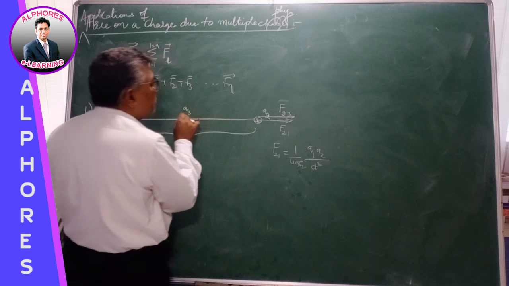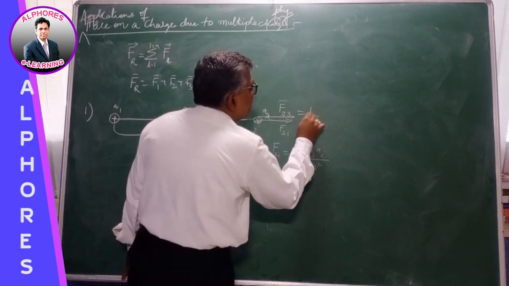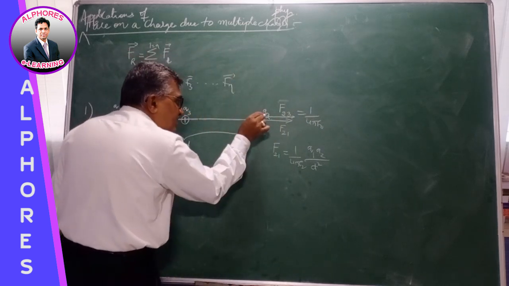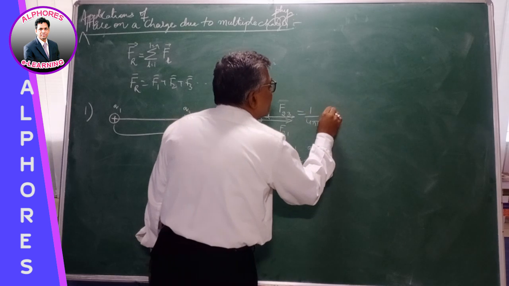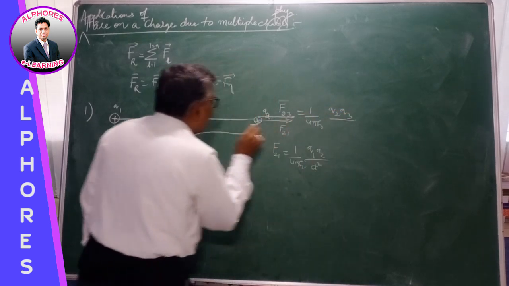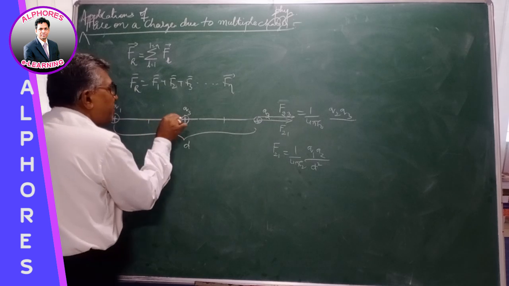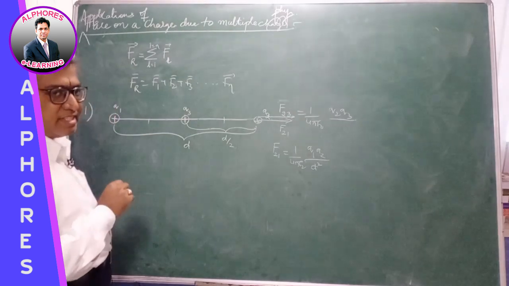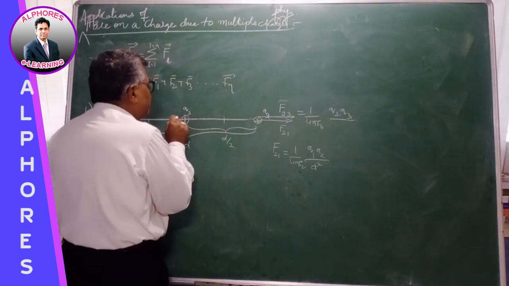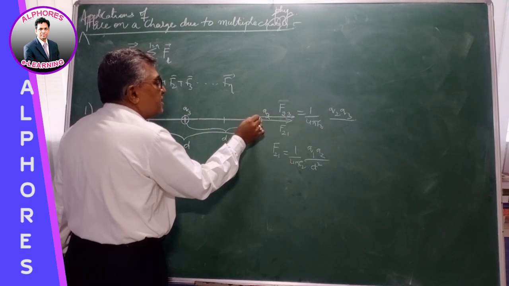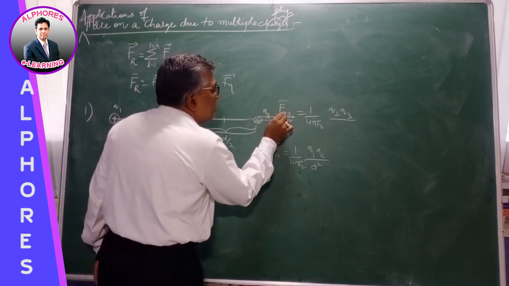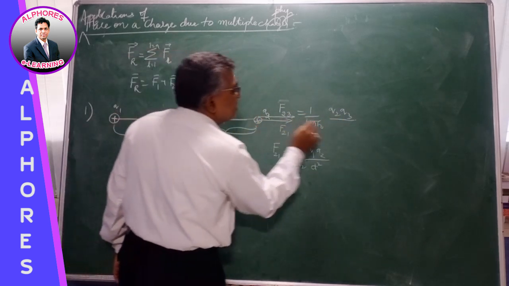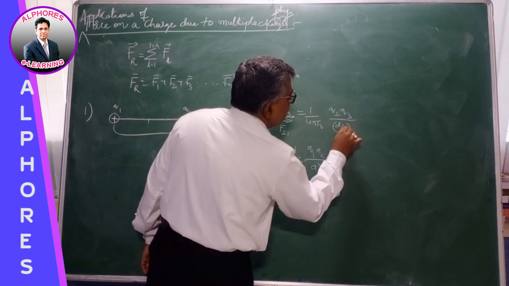This is equal to 1 by 4 pi epsilon naught Q2 Q3 by the square of the distance between them. I said I am placing it at the midpoint, so this distance is d by 2, half the distance. So the force on the second due to the third charge is 1 by 4 pi epsilon naught Q2 Q3 by d by 2 whole square.